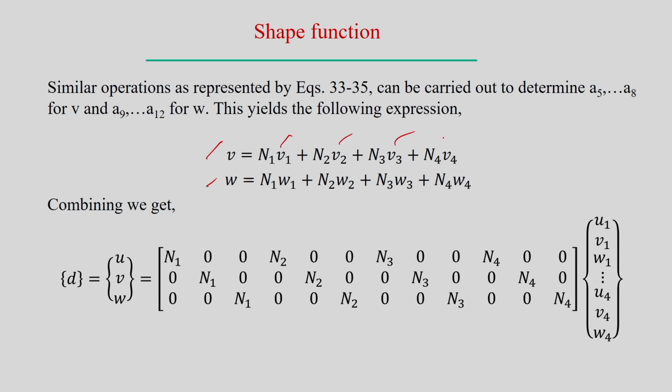These are the displacement fields defined at the nodes, where V1, V2, V3, V4 are basically the y displacements defined exactly at the node points, nodes 1, 2, 3, 4. Similarly W1, W2, W3 and W4 define the displacement field of the nodes, and W indicates the displacement field along the z axis.